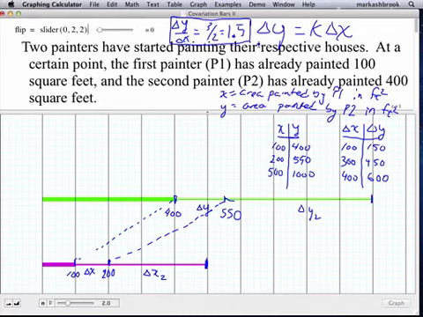Does it have to be 100? Or for every 1 square foot that painter 1 paints, painter 2 will paint 1.5 more. And how much is that? Square feet. So for every 1 square foot that painter 1 paints, painter 2 will paint 1.5 square feet.